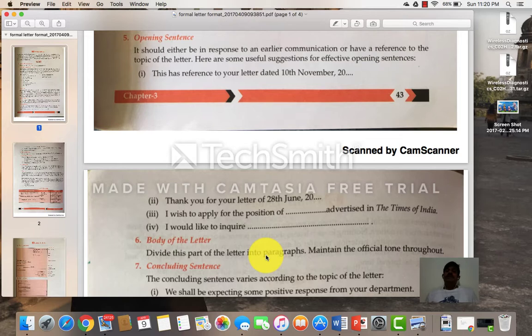Suppose you are writing a letter to the transportation department about providing more buses to your locality, then you will have to give them your address, what time you usually commute, and how many buses are probably in short supply.